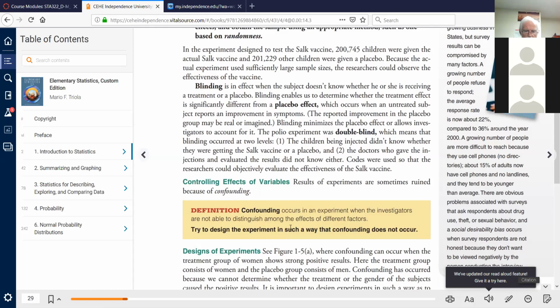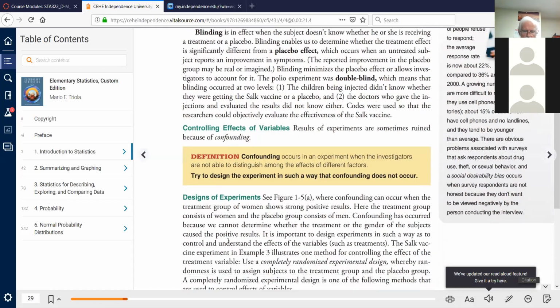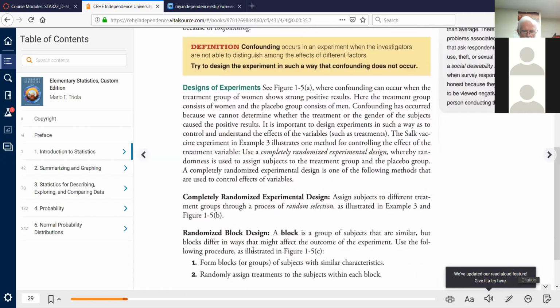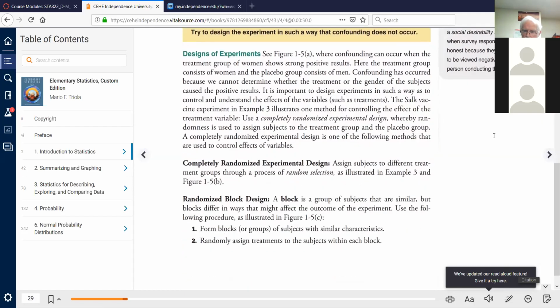So we have to design our experiments in a way that will give us the least possible bias. Okay. So interrupt me with any questions you may have.